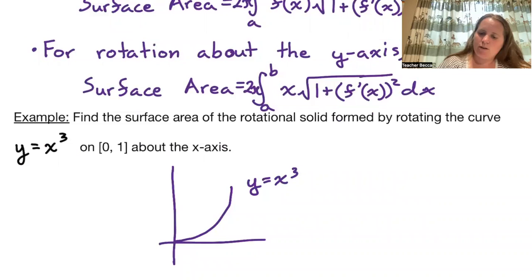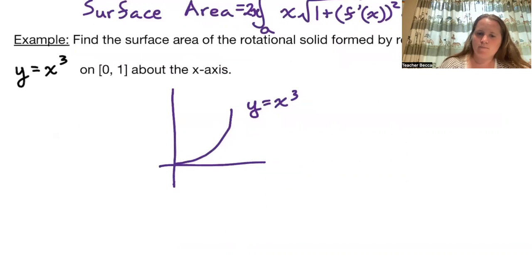We are looking between 0 and 1. And then we are rotating about the x-axis. So our graph, we get kind of a horn shape.